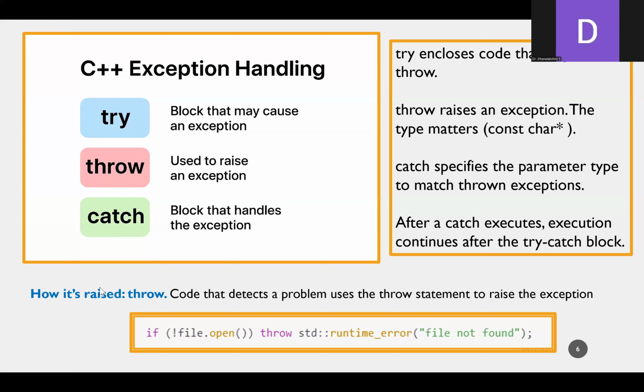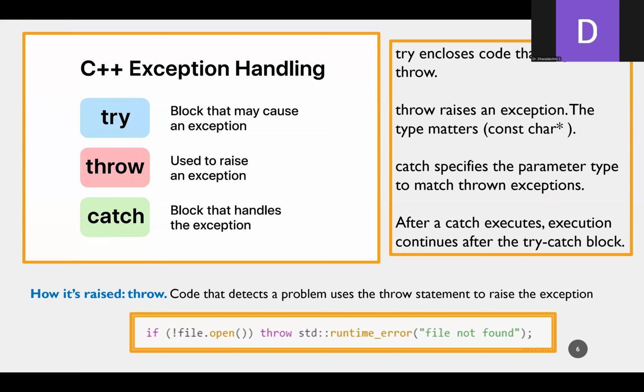And how do we raise it? Code that detects a problem uses a throw statement to raise the exception. For example, if not equal to file open, throw a standard runtime error, which means the file is not found. This message will be thrown.